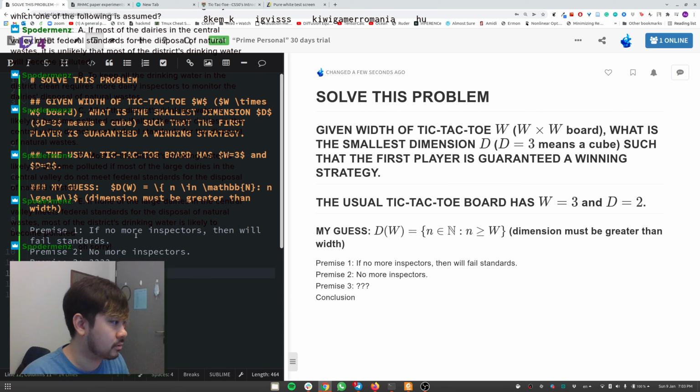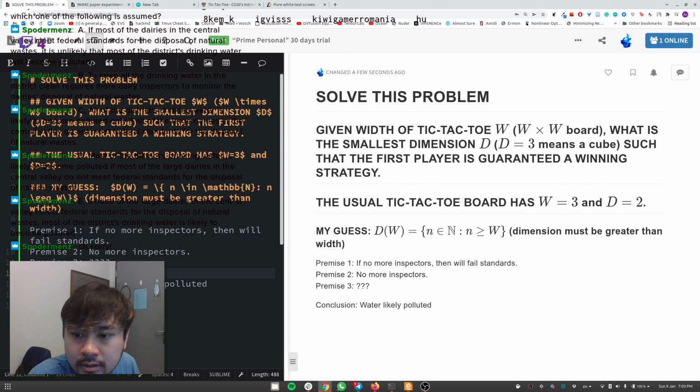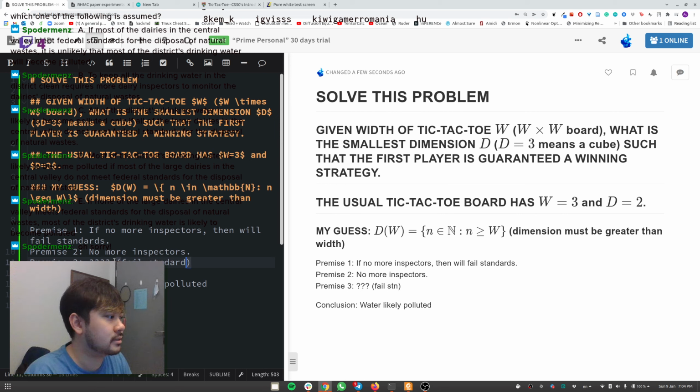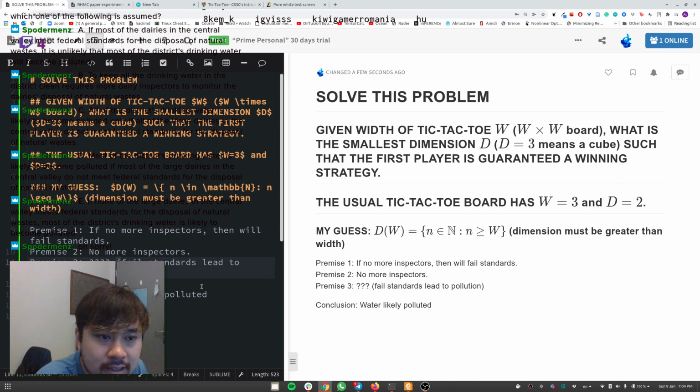From premises 1 and 2 we can conclude that we'll probably fail the standards, but the conclusion we are after is pollution. So I think the premise has to say something like failing standards leads to pollution. This is the missing premise. If you have these three, then you can conclude that the water is likely polluted. Is that one of the options?